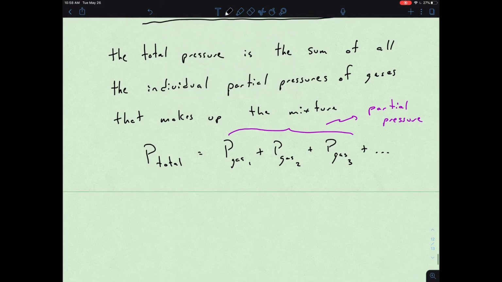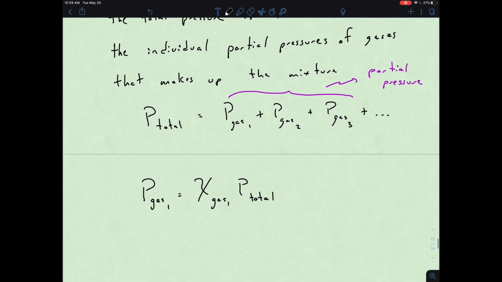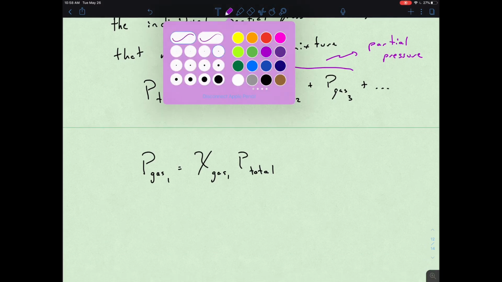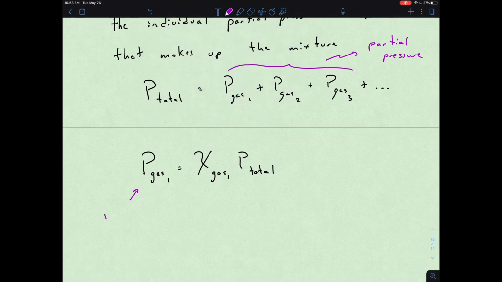The other way we can talk about this is more in terms of maybe a percentage. Where we have the partial pressure of a gas, let's say gas 1, is equal to the mole fraction of gas 1 times the total pressure. So here we have the partial pressure of gas 1.